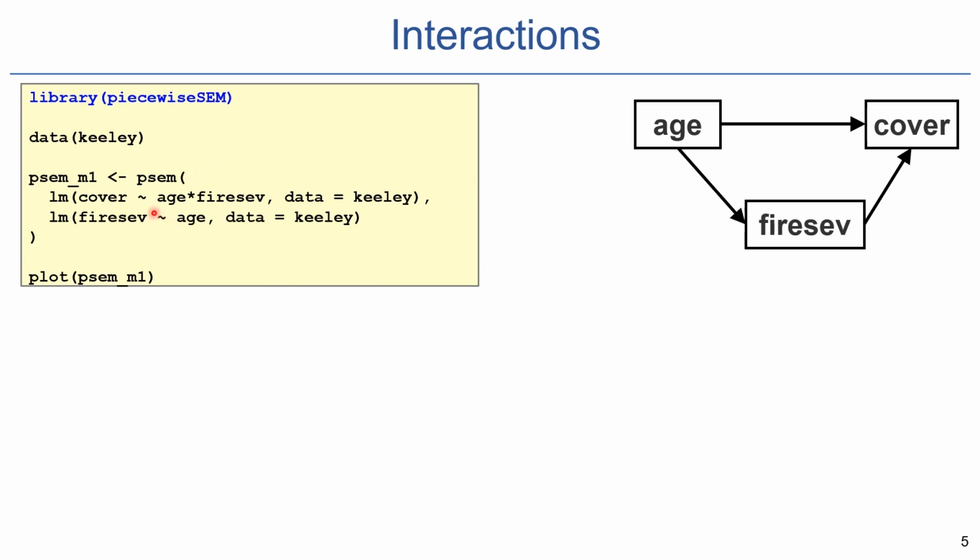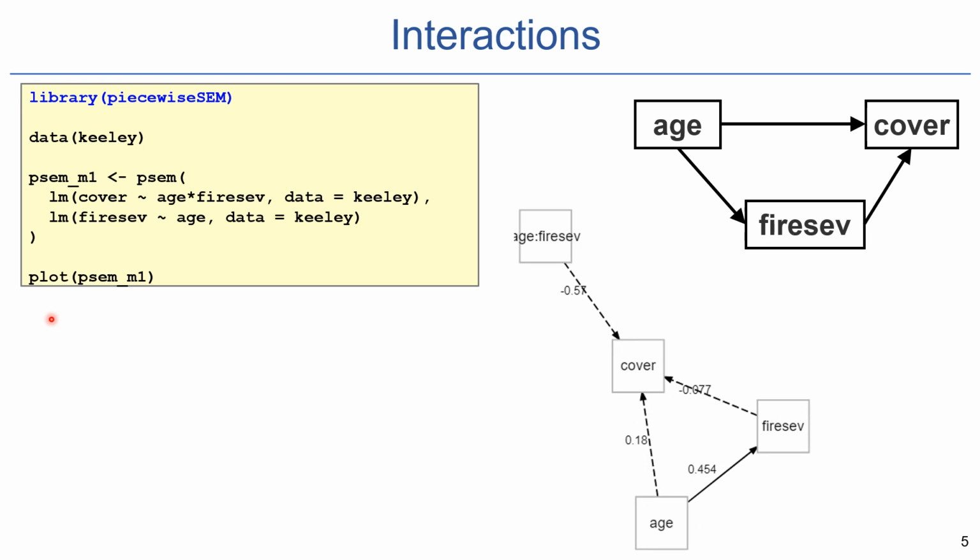So you know that in order to specify interactions, we use the multiplier, we use the star between our variables which we want to test as interaction. So this is what I have done here. But when you plot this piecewiseSEM, you will get such a figure where the interaction between age and fire severity is added as an additional variable.